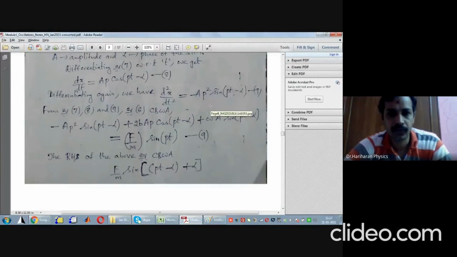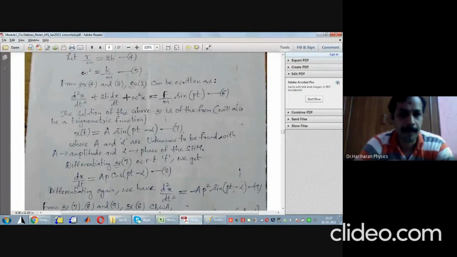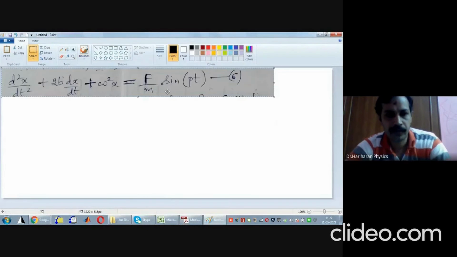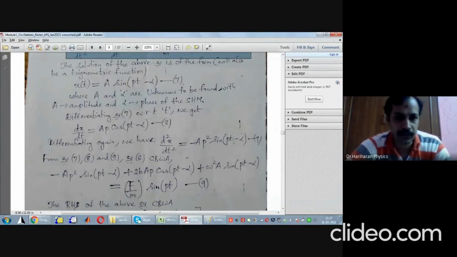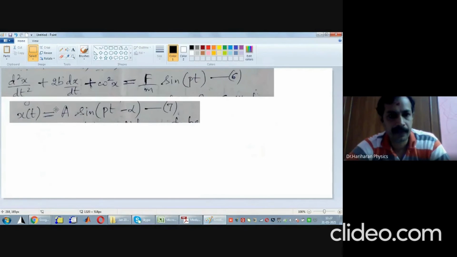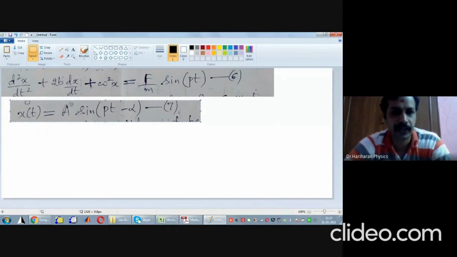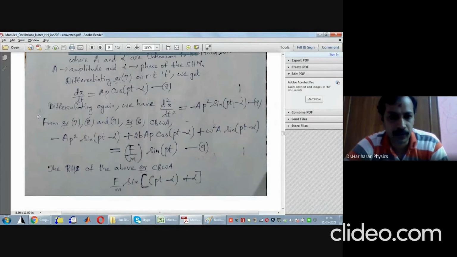Look here, my equation 6 is this. My solution is x of t is equal to a into sine of pt minus alpha. Then if you find velocity and acceleration and put them in equation 6, the resultant equation is going to be this.